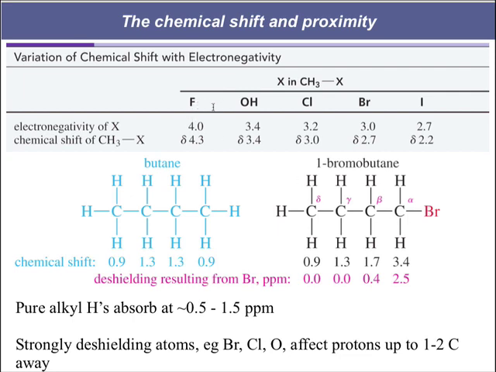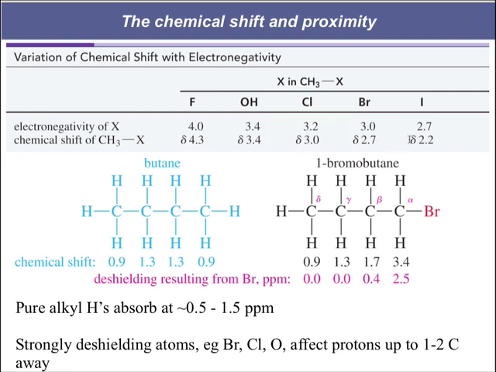You can see here the electronegativity of these atoms or groups. Iodine is 2.7, bromine is 3, chlorine is 3.2, oxygen is 3.4, fluorine is 4, and therefore the chemical shift of the hydrogens that are on a carbon that has the X. So here we showed that hydrogens on the carbon bearing the bromine were shifted to 2.5. Here they show that the shift is around 2.7.